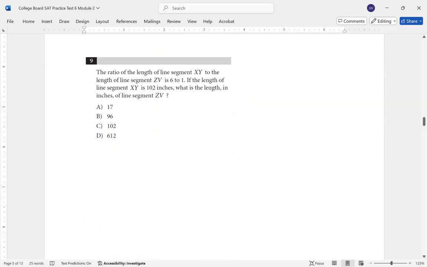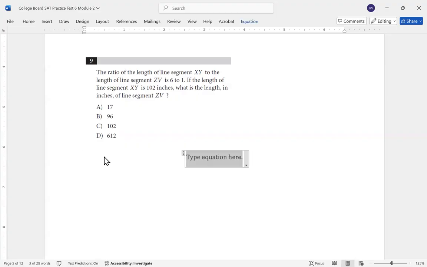Let's look at number 9. The ratio of the length of line segment XY to line segment ZV is 6:1. If the length of line segment XY is 102 inches, what is the length in inches of line segment ZV?